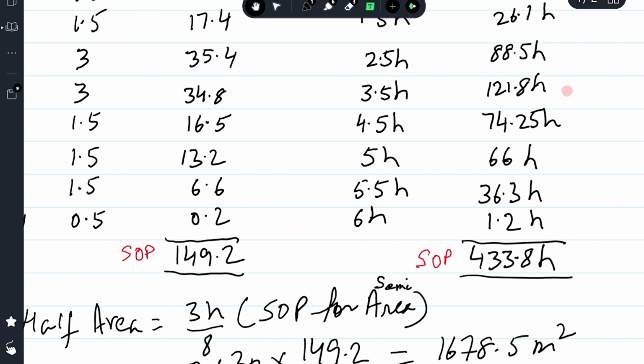So I add up and I get 433.8 H. Remember that we don't write the value of H till the end. So 433.8 H is the sum of the products for semi moments, and 149.2 is the sum of the product for the semi areas.